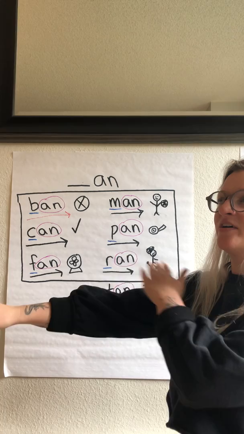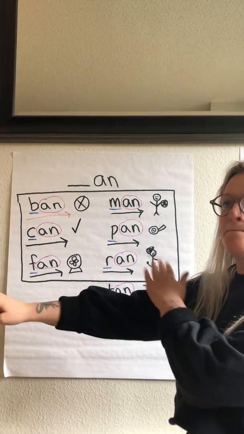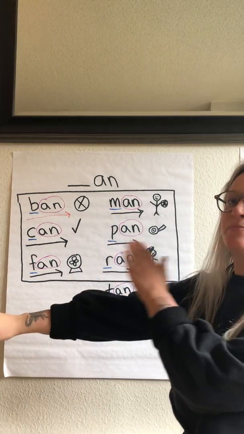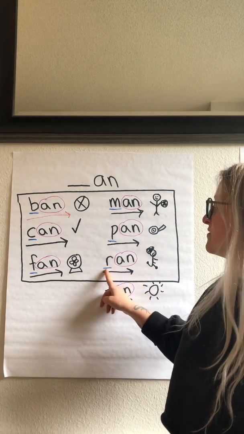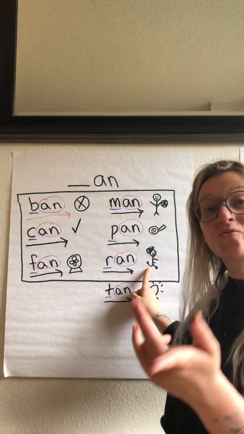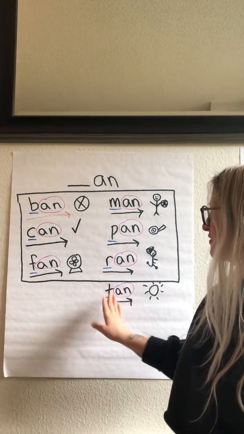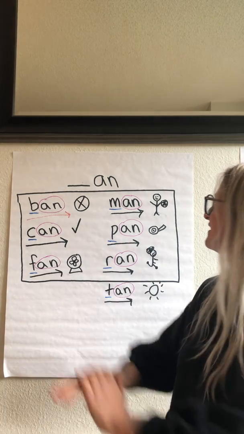Starting with F. F-an, fan. Up top at the M. M-an, man. Going down, starting at P. P-an, pan. Let's go down. Let's start at, what was this word? Ran. Let's chop it up. R-an, ran. And our last one, thinking of the sun, T-an, tan.